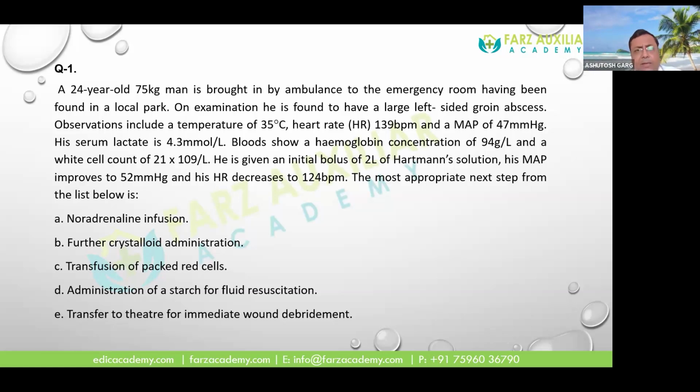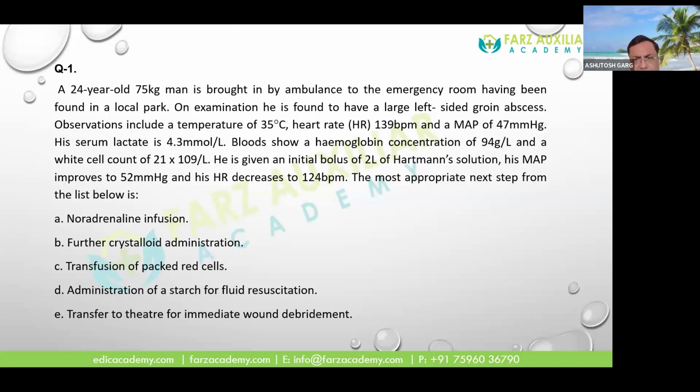In practice, in our ICU, we used to start noradrenaline infusion, but theoretically, noradrenaline infusion should be started when the patient is not fluid responsive. Suppose we are doing some test to see whether the patient is fluid responsive or not, and those tests tell us that the patient is on the flatter portion of the Frank-Starling curve, with no scope of giving further fluid, then only we should start the noradrenaline infusion.